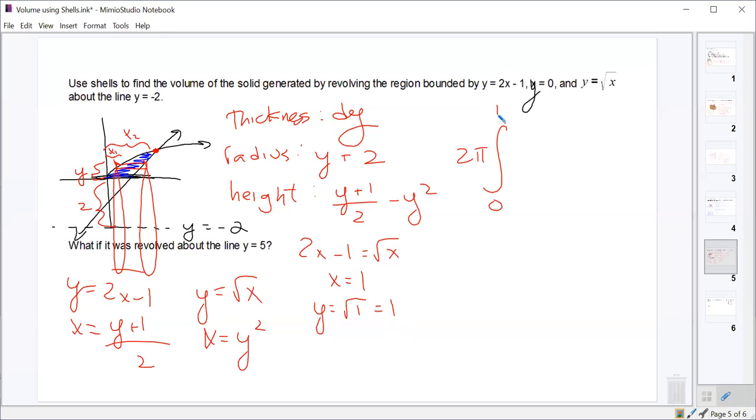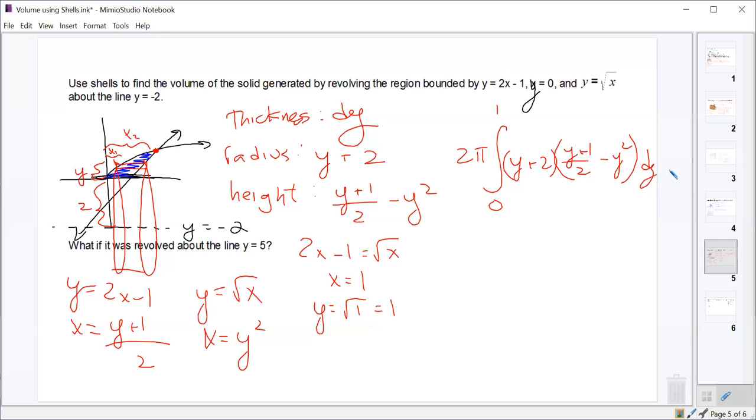Doesn't matter which one, because they intersect at that point, so it should be the same from both. So 2 pi times the integral from 0 to 1 of our radius times our height, dy. And you guys have mediocre algebra skills, so you should be able to distribute that all out and integrate. Everybody good with the setup?